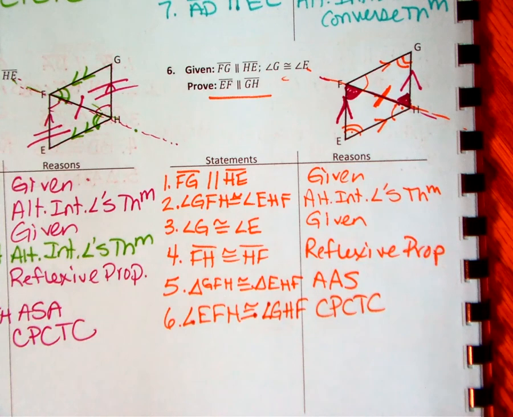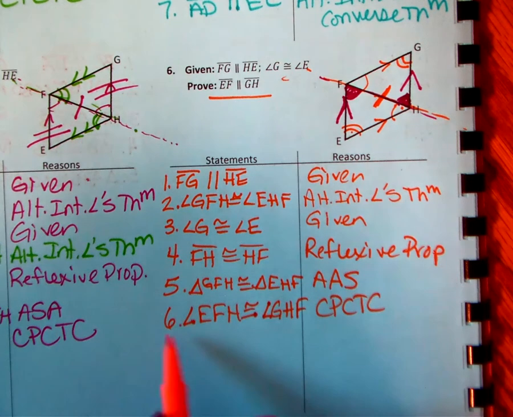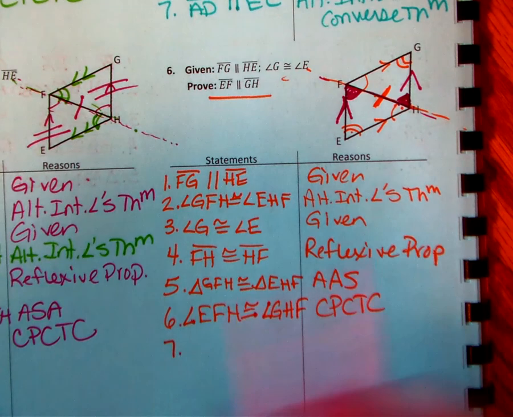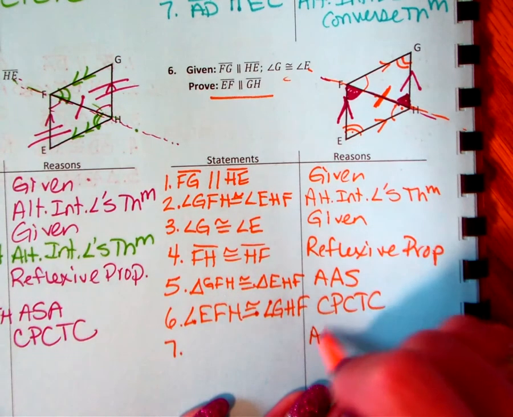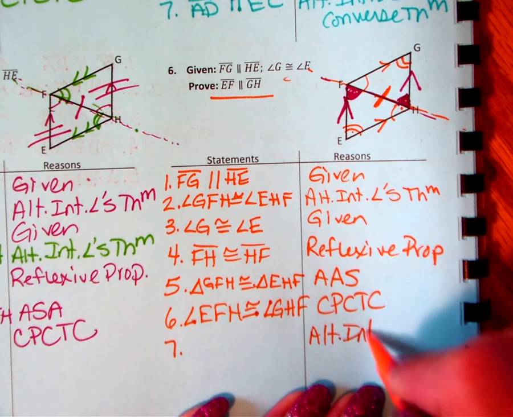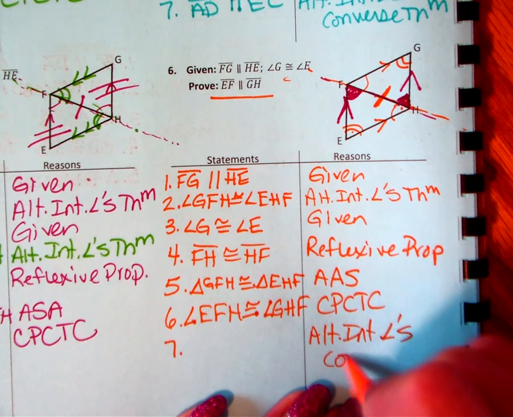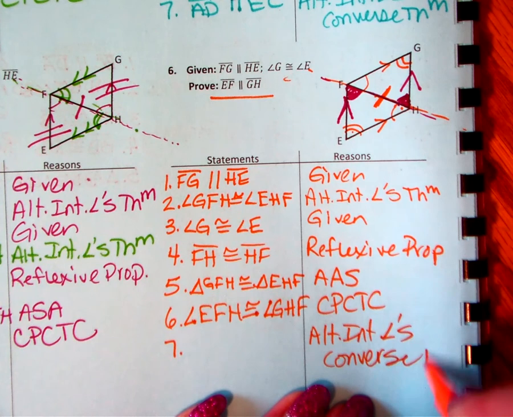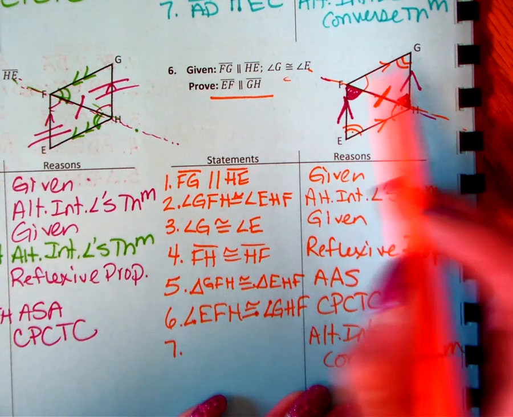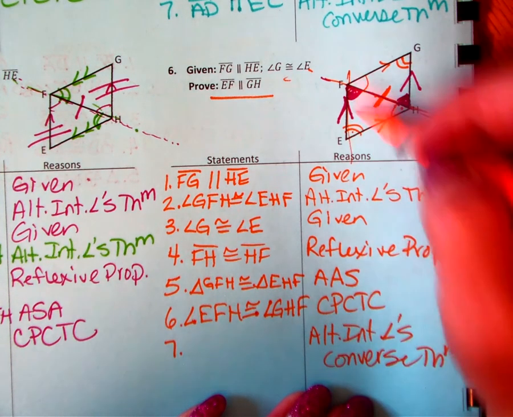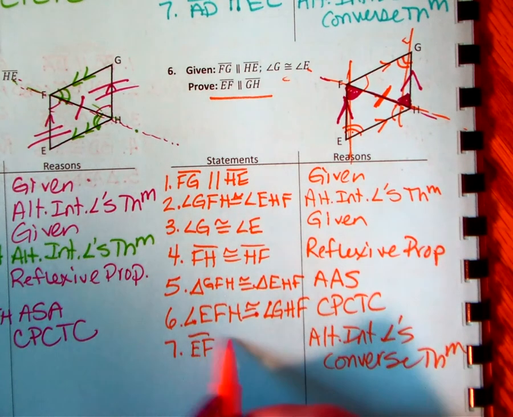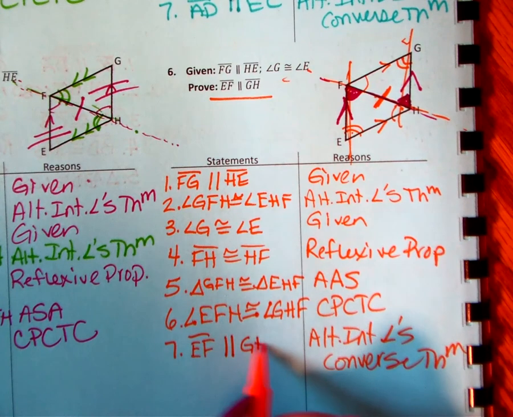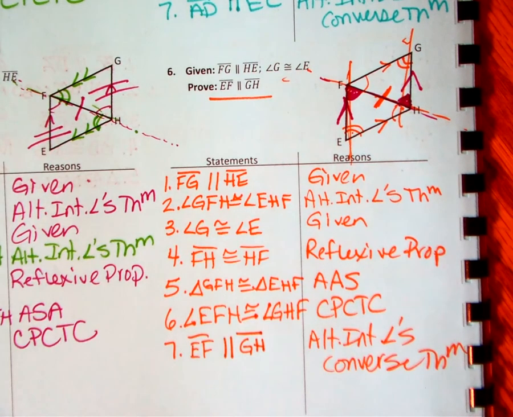Corresponding parts of congruent triangles are congruent. Because those angles are alternate interior angles, I can then say EF is parallel to GH.